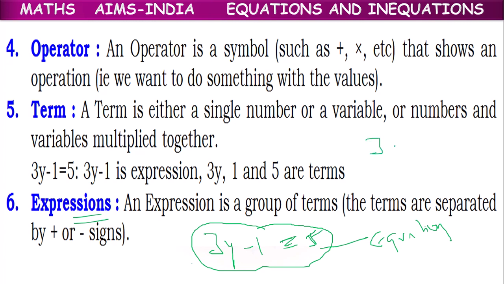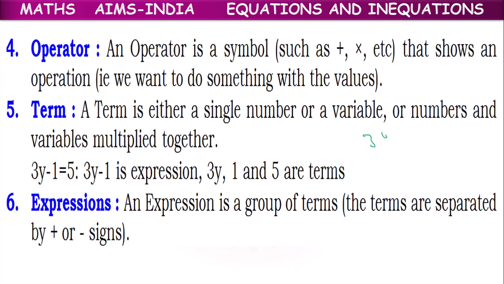But 3y minus 1 alone is a combination, a group of terms combined with a mathematical operator like plus or minus. 3y plus 1 and 3y minus 1 are examples of expressions, a group of terms combined by a minus symbol or a plus operator. These are considered expressions.